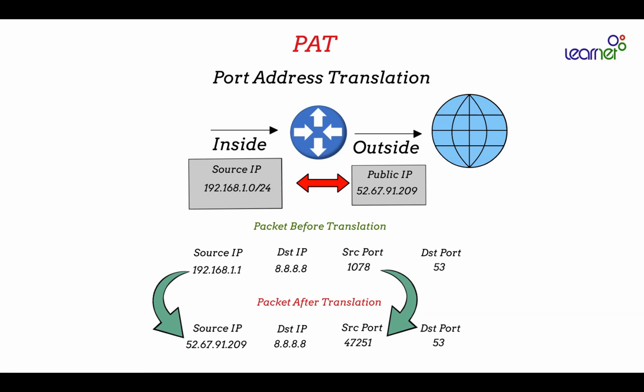If you send from another IP address, for example 192.168.1.2, destined to 8.8.8.8 with the same destination port and even the same source port, this will be changed to something unique for the other one. So when the traffic returns from outside, the router knows who made this request and redirects the traffic to the right host.